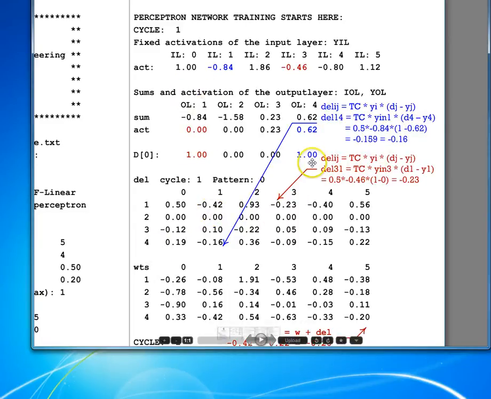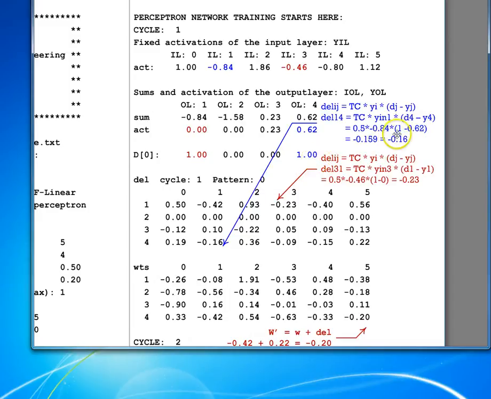The desired value d4 is 1, minus yj, that is y4. The computed value of y4 happens to be 0.62, that is the activation.